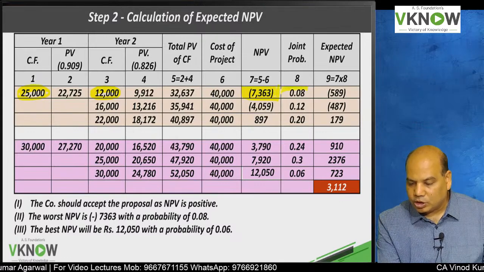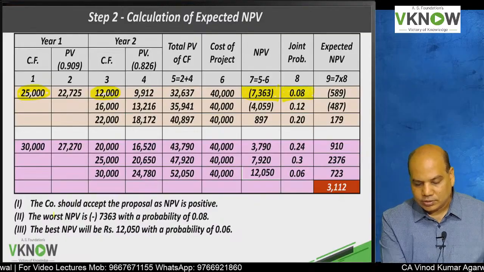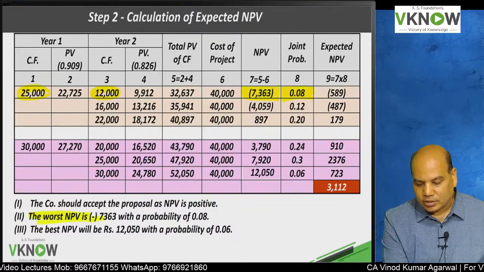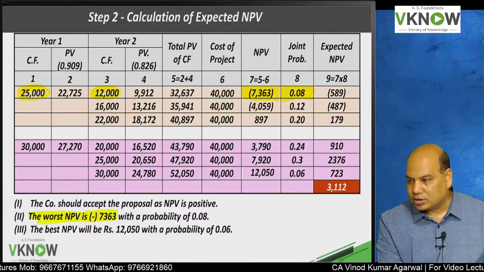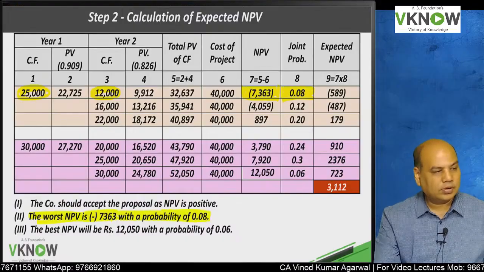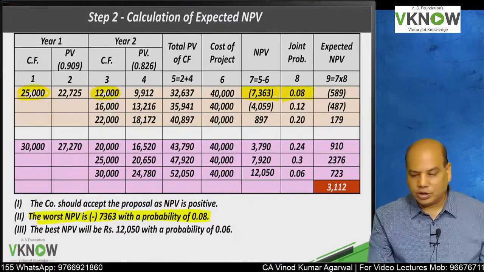But the probability of getting that NPV is 0.08. So write down the worst NPV is minus 7363 with a probability of 0.08.